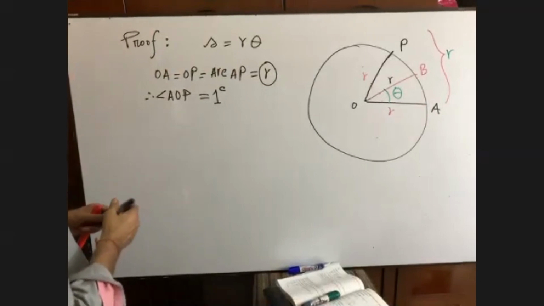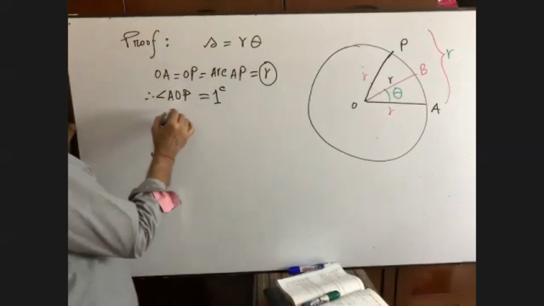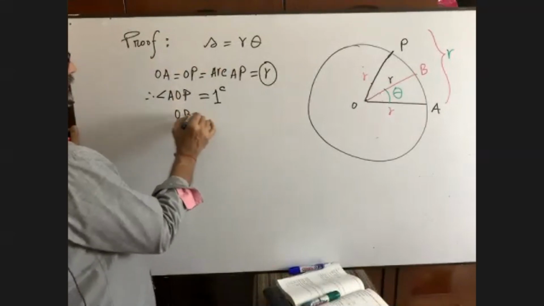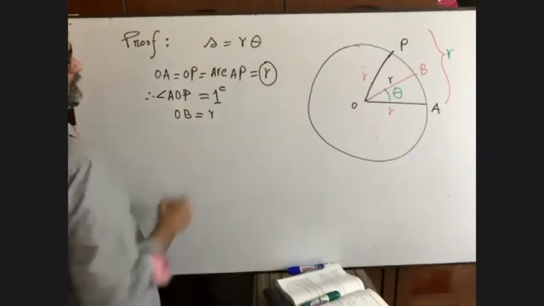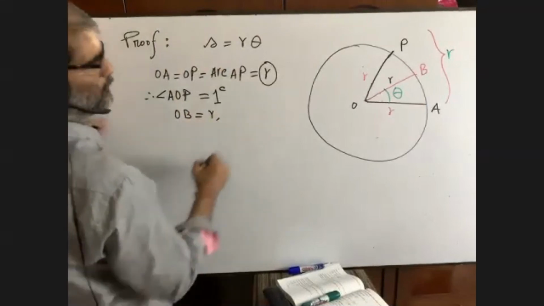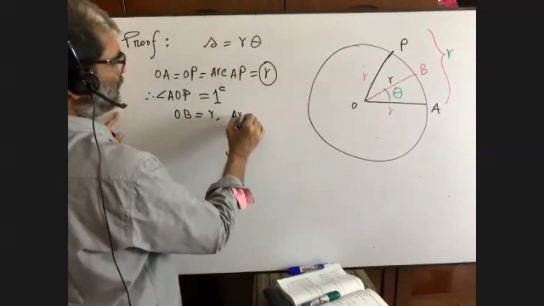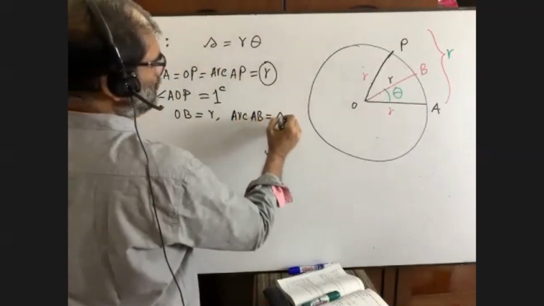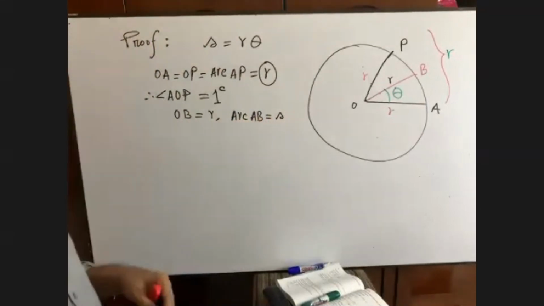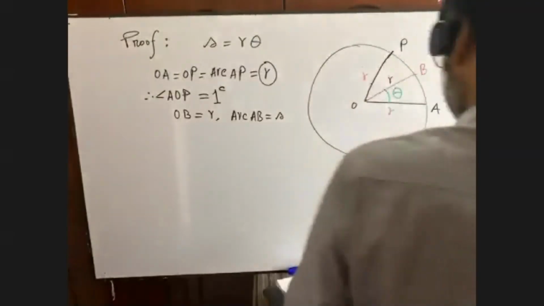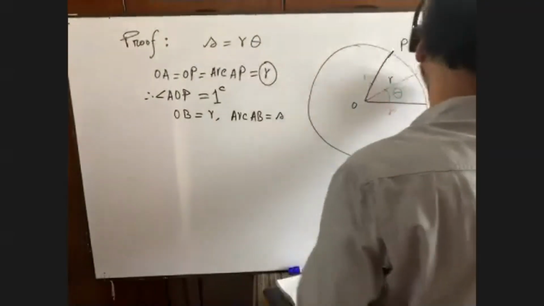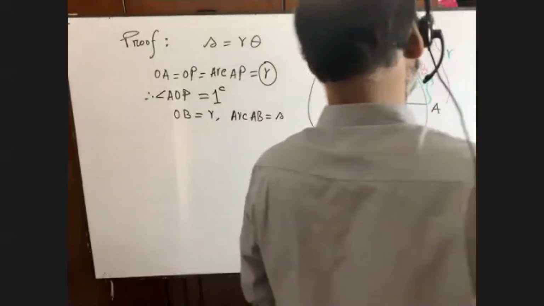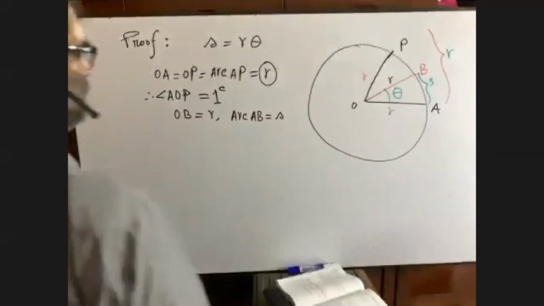And you see, arc AB, write down OB. Here OB is equal to R. And it is the most important part. Arc AB is equal to S. Now, let me know where you have not got it.